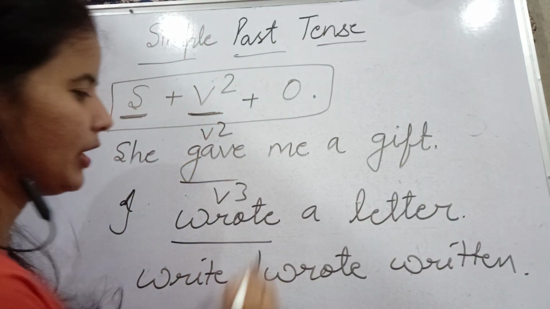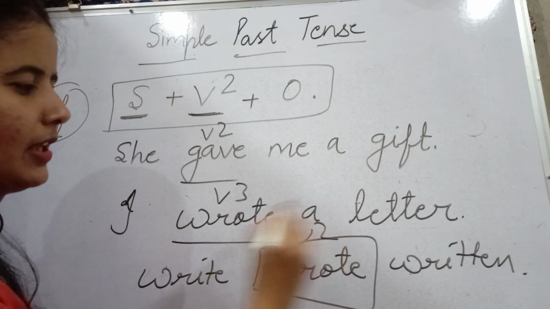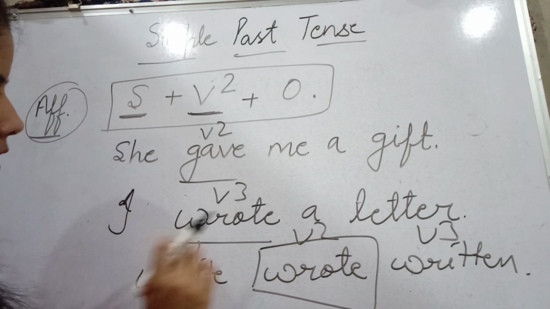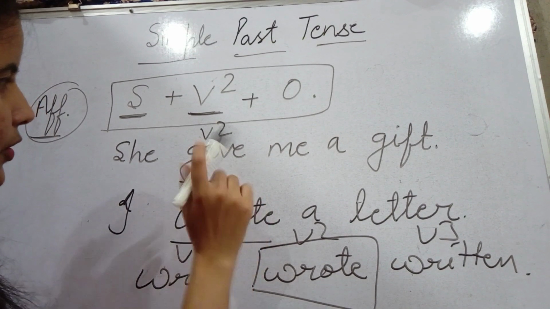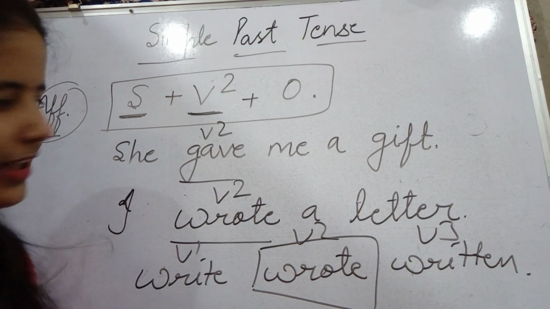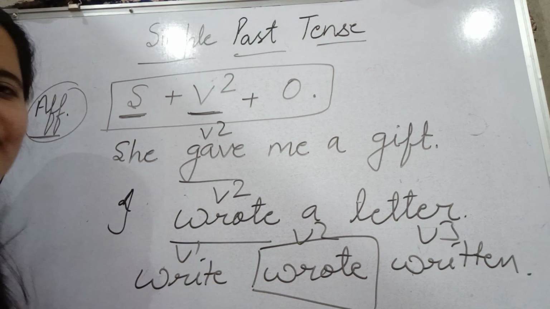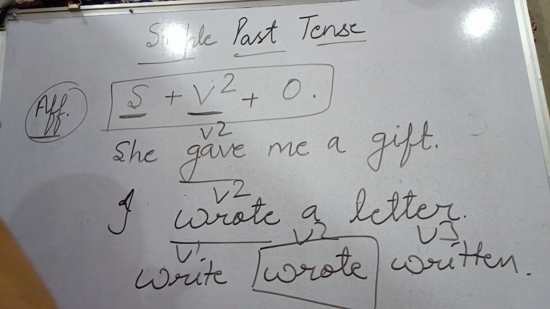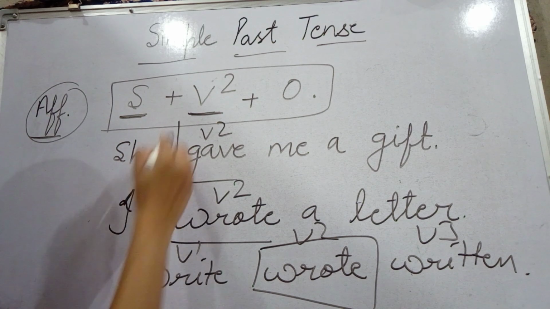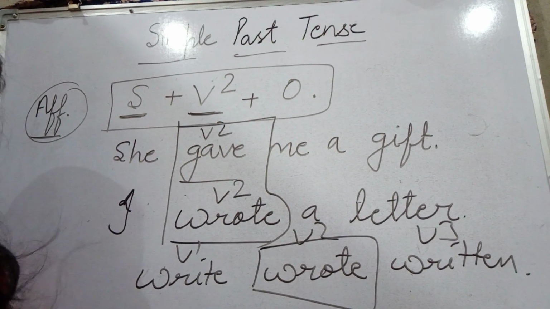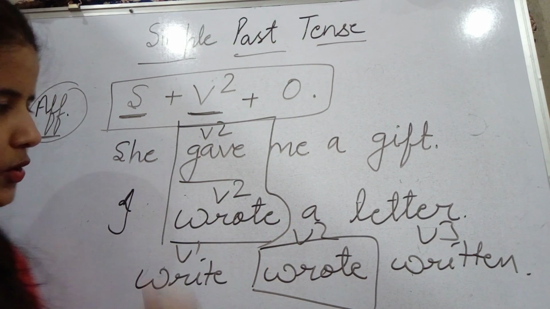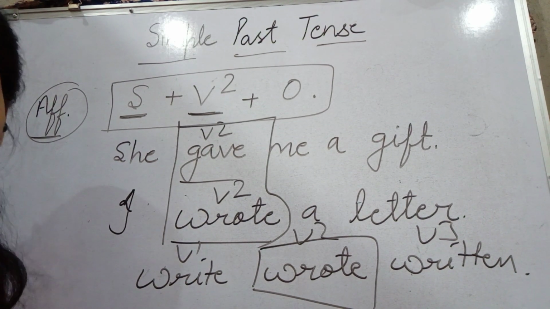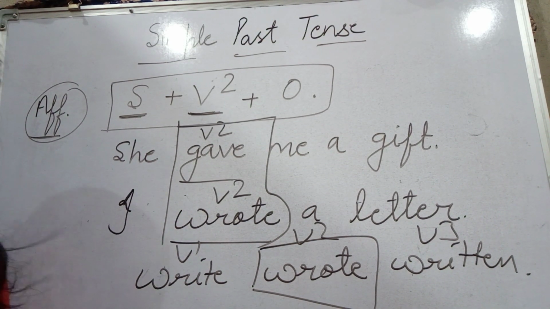So what did we use here? V2. Sorry, there will be V2, not V3. We are studying simple past tense. As you have seen here, in simple past tense we have to pay attention to V2. Affirmative sentence is represented by V2 in simple past tense.